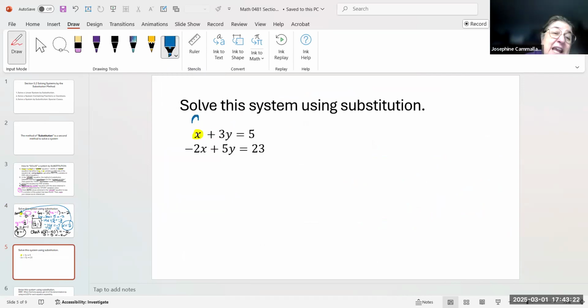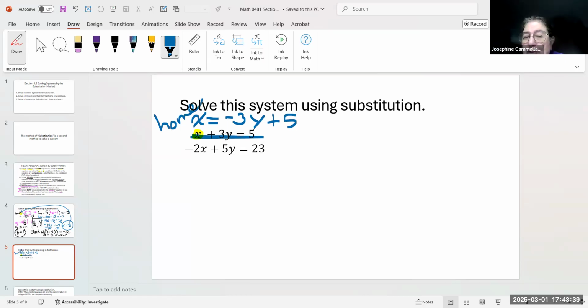If I write x equals negative 3y plus 5, this equation is now my home. I had to make and alter the first equation. I don't want to go back to it. I now have my home.